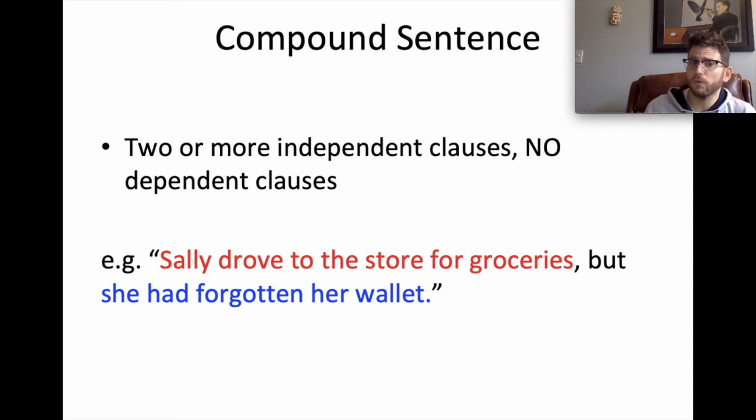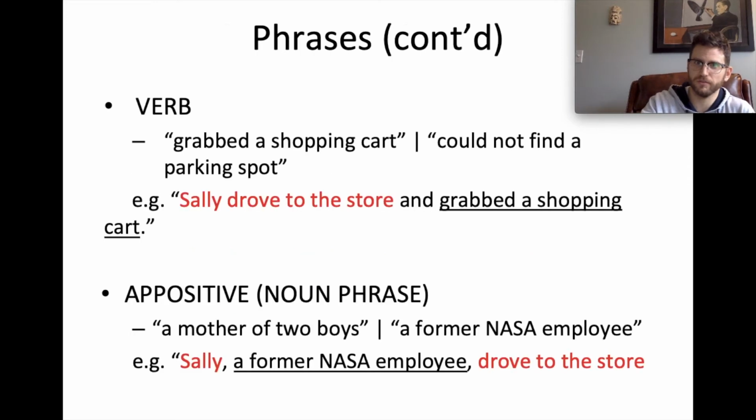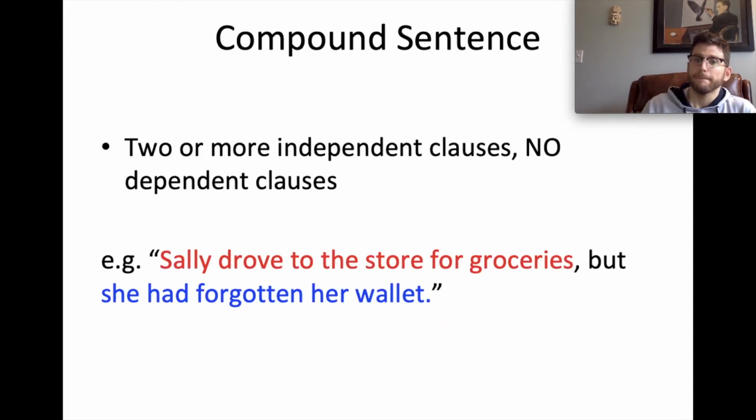And so here you have an example. You have the first independent clause: Sally drove to the store for groceries. Like we said, it's the same one from back here. But she had forgotten her wallet. She drove to the grocery store, but she had forgotten her wallet. Now notice, two independent thoughts here. How do I know that? Sally, subject, drove, verb.